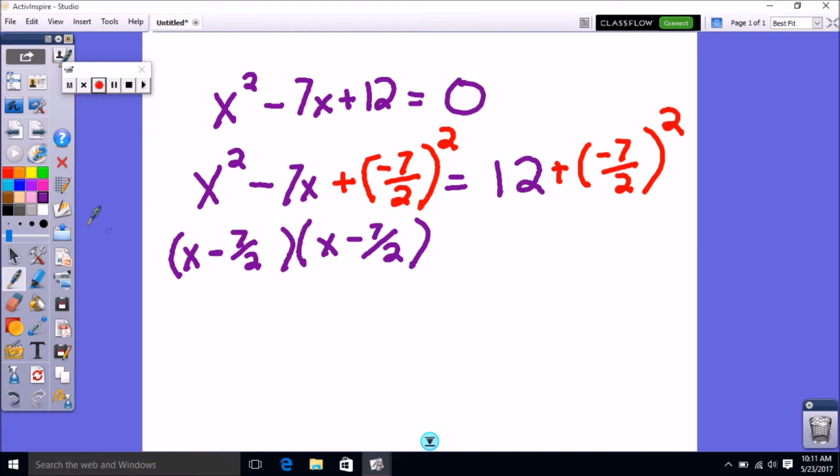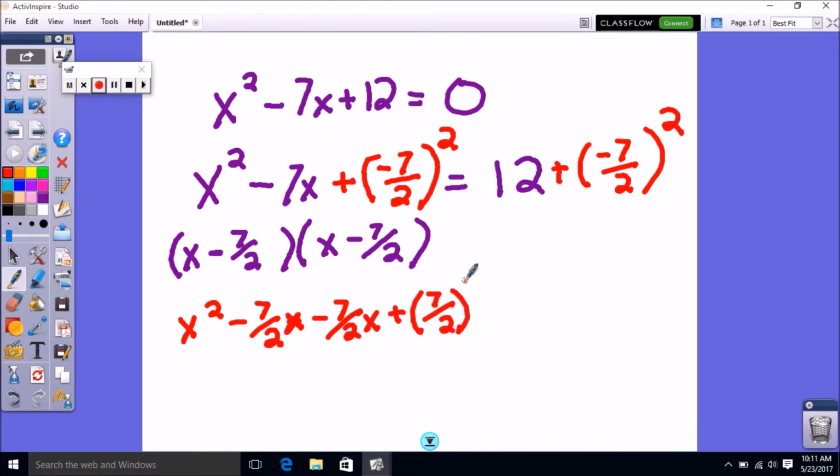If I were to re-multiply this, I would get x times x is x squared. Negative 7 halves x for my outside terms. Negative 7 halves x for my inside terms. And positive 7 halves squared.